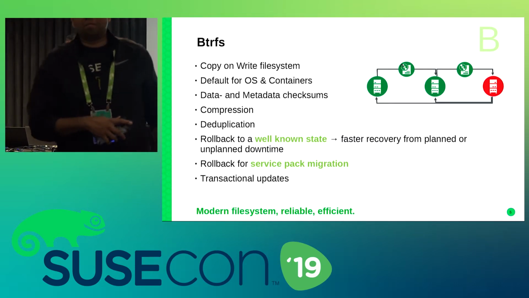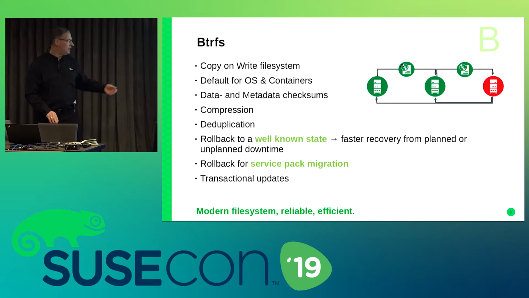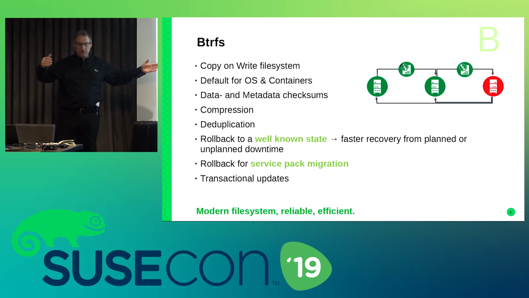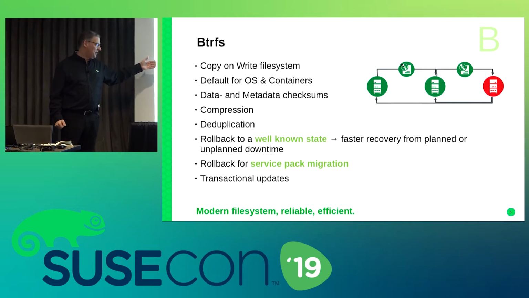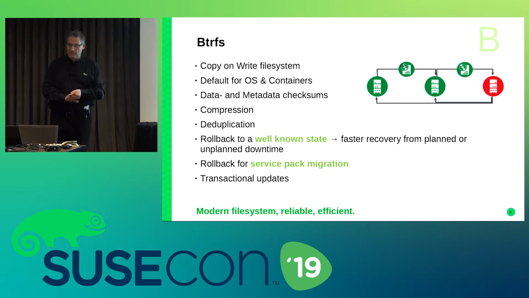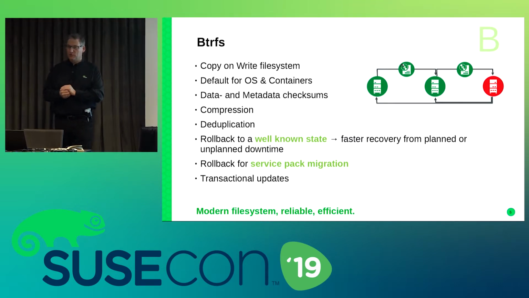Additional functionality that Btrfs offers compared to other file systems is in-place compression and deduplication capabilities, a direct result of the copy-on-write functionality. We have already discussed that we have rollback to a well-known state, and that transactional updates depend on it. Also important, rollback for service pack migration works too.